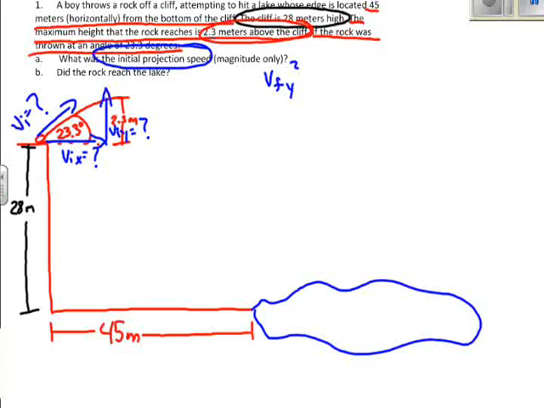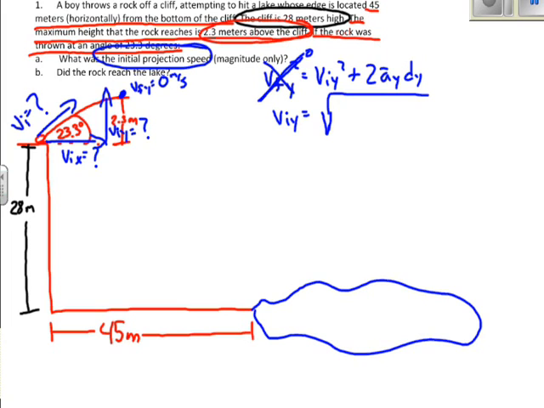The easiest approach is to determine the initial y velocity first, and then work backwards and use the sine function to figure out the initial velocity, the hypotenuse of that triangle.